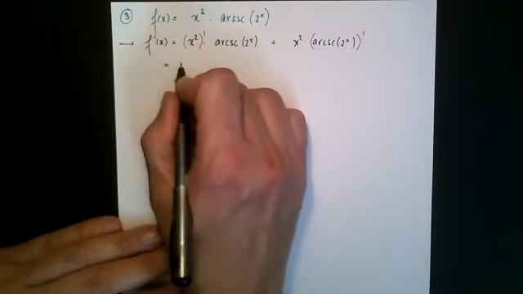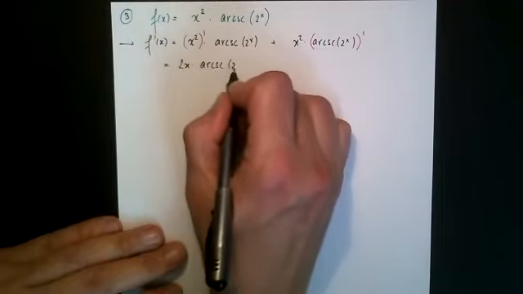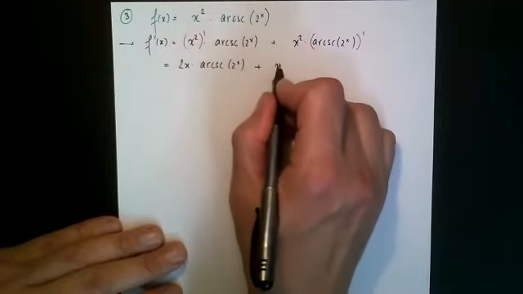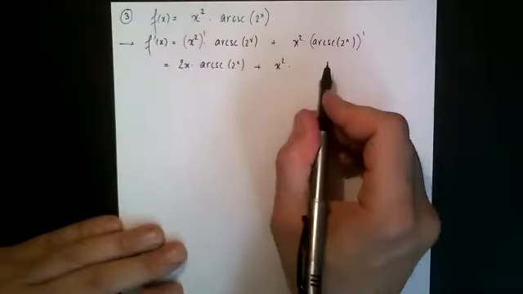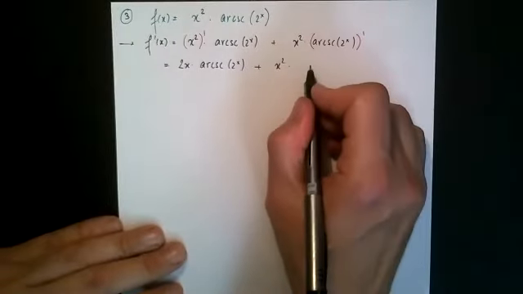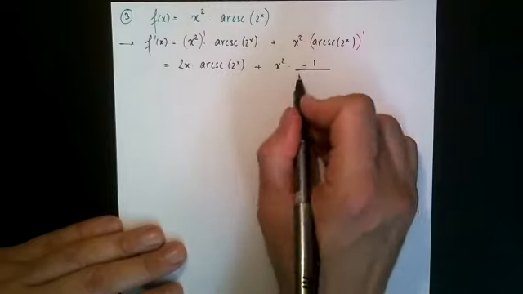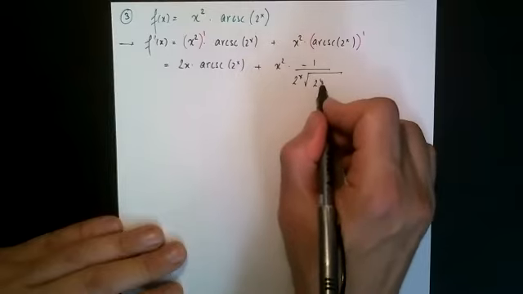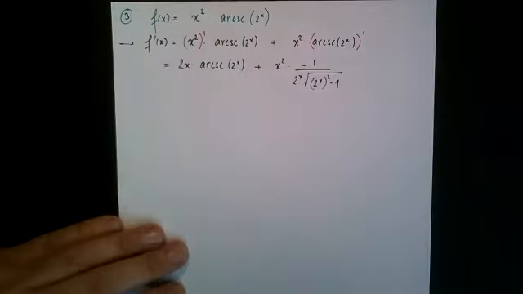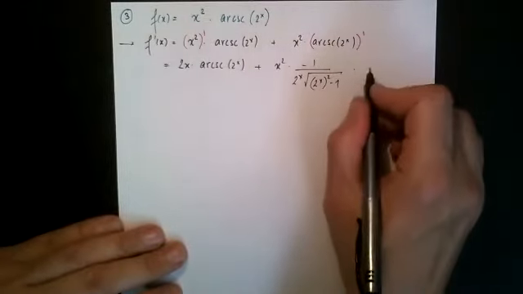That is 2x times arccosecant 2 power x plus x², and now the derivative of arccosecant, you remember this one? We just proved it. It's -1 over, so what's inside? So 2 power x times square root of what's inside squared minus 1. Times, let's not forget the derivative of 2 power x, right? So still a chain rule.